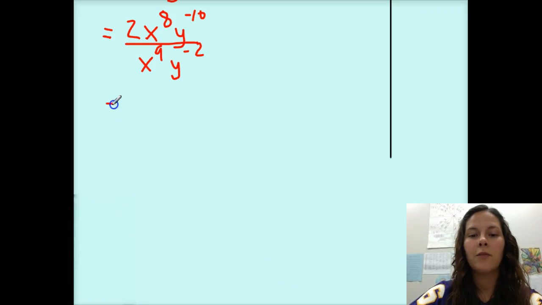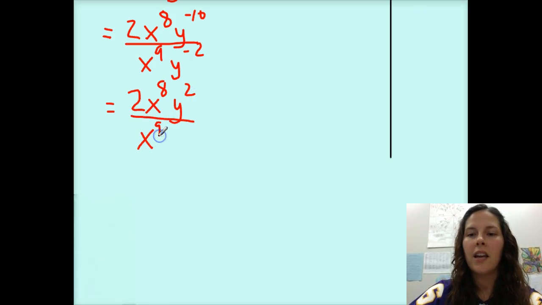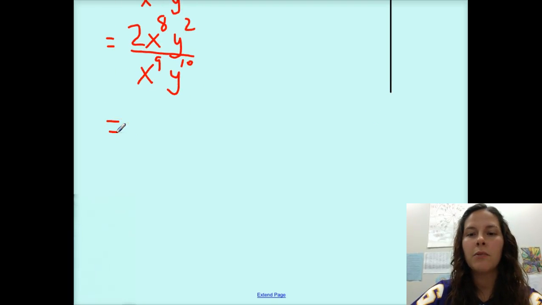After that, I need to flip my negative exponents, so I have 2x to the 8th, and the y to the negative 2 jumps to the numerator. In the denominator, I have x to the 9th, and my y to the negative 10 jumps to the denominator. Finally, I'm going to simplify, so I have 2x, because 9 minus 8 is 1, y to the 8th, because 10 minus 2 is 8.